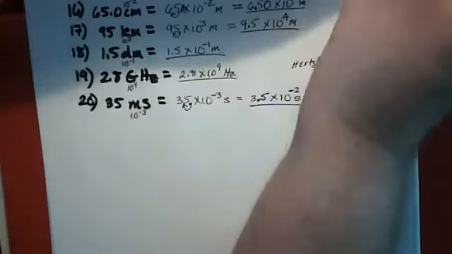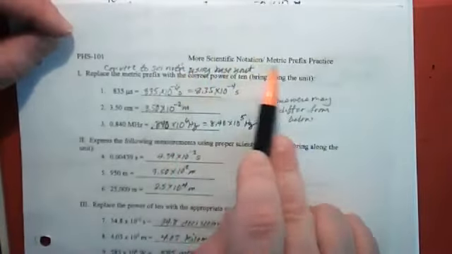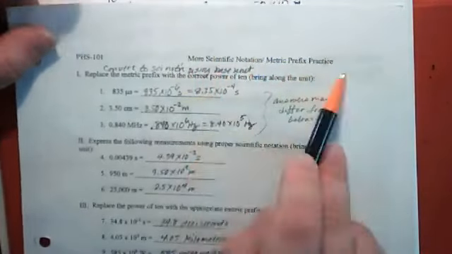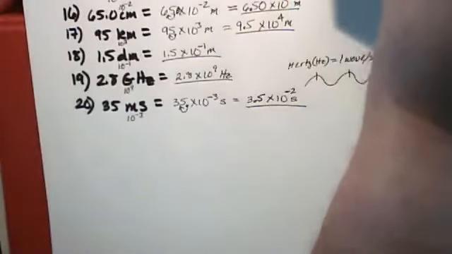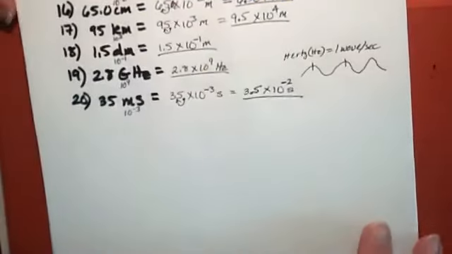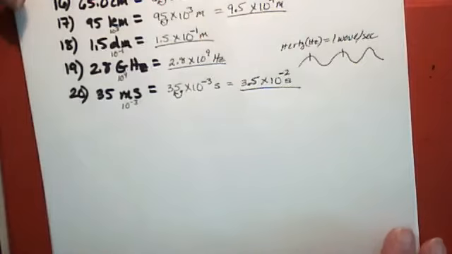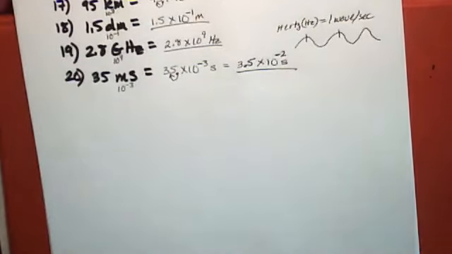Done with that section. Next we have the sheet that's entitled More Scientific Notation Metric Prefix Practice. So we'll go on to that one. The first couple sections of this are similar to what we just did.